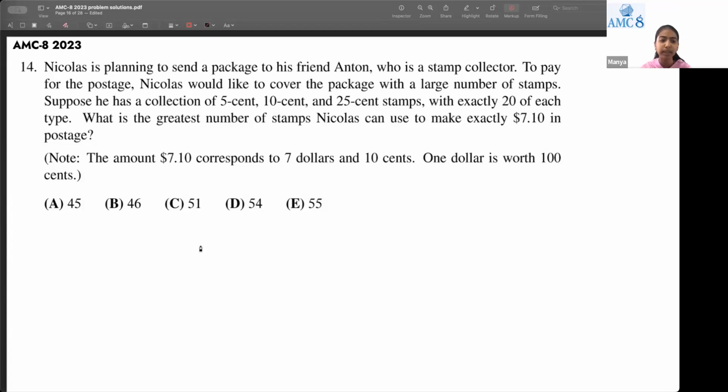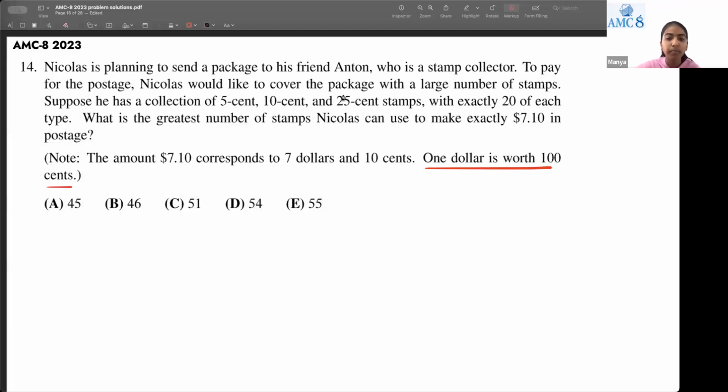Note that the amount $7.10 corresponds to 7 dollars and 10 cents, which is just for people who don't know what the sign means. They also told us that each dollar is worth 100 cents.